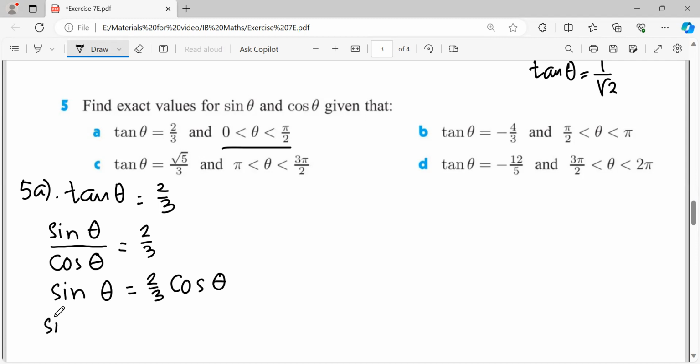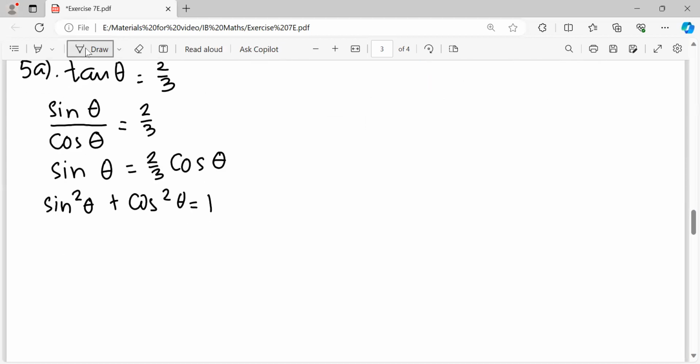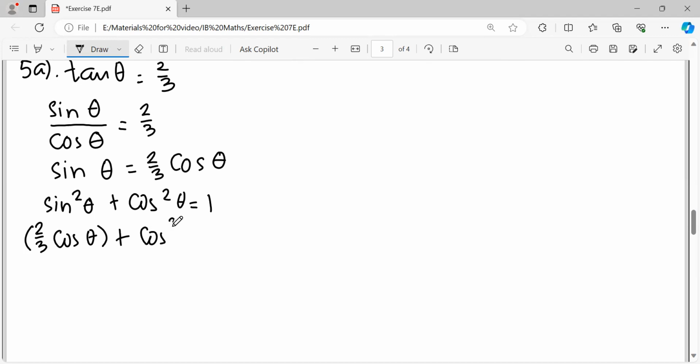Recall the equation sine squared theta plus cosine squared theta equals 1. I'm going to substitute sine theta equals 2/3 cosine theta into that equation. So (2/3 cosine theta) squared plus cosine squared theta equals 1.